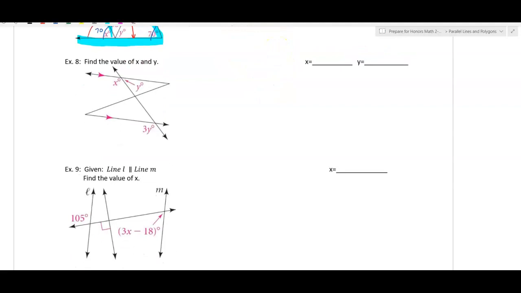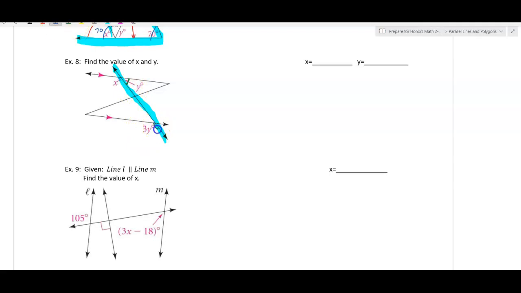Example 8. When I look here, I know x and y add up to 180, but then I have two variables and I can't solve. So if I look at the two angles with y, think about it this way. If this is y, these lines are parallel, and if I use this line as my transversal, they're on opposite sides of the transversal, but one is interior, one is exterior.